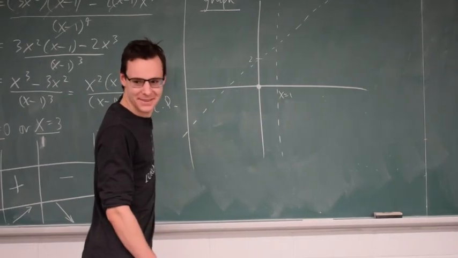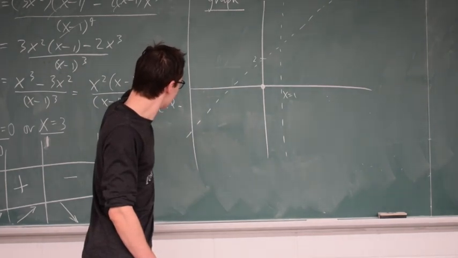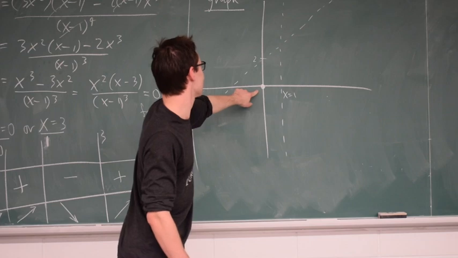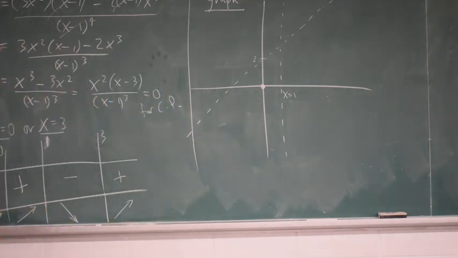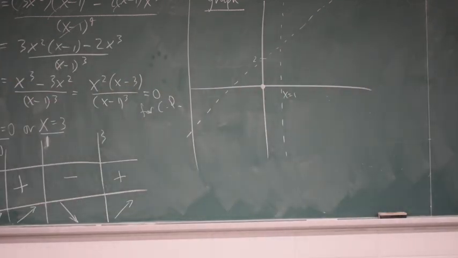Did we mess up? No, it's right. It's right? You need a second derivative. Wait a minute. If it passes through the origin, how can it always increase to the left of 1? I think it passes the... What the? Wait. I know how to solve the problem.